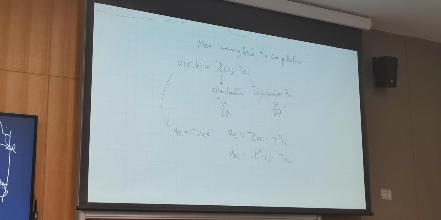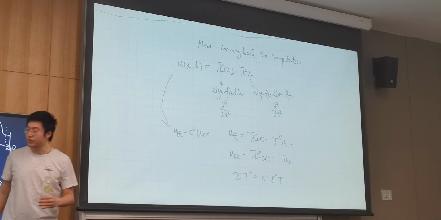So now, x and t I'm going to say are the independent variables, right? So X T double prime should exactly equal c squared X double prime T, right? Again, not separation of variables, but the separation of the functions.